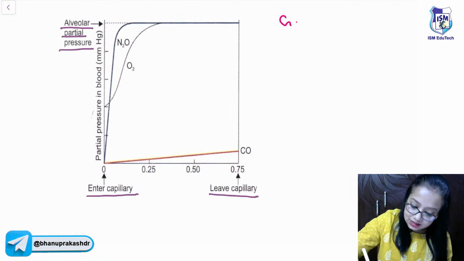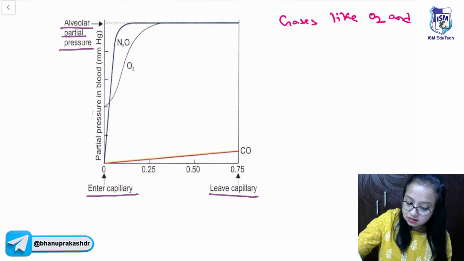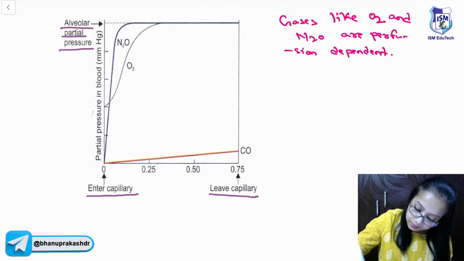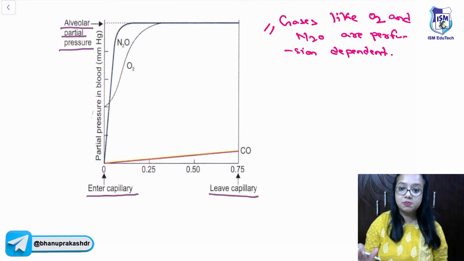Gases like oxygen and nitrous oxide are perfusion dependent. What does perfusion mean? Perfusion means the blood supply.